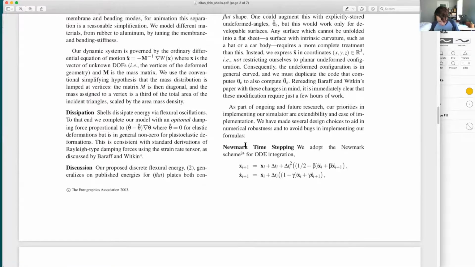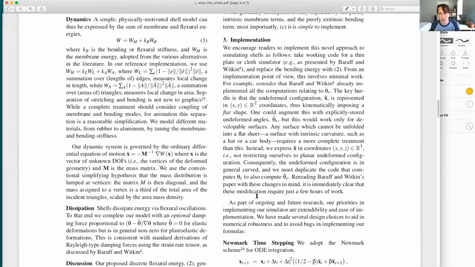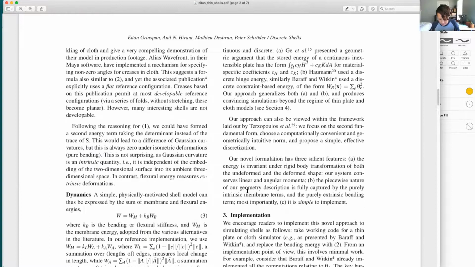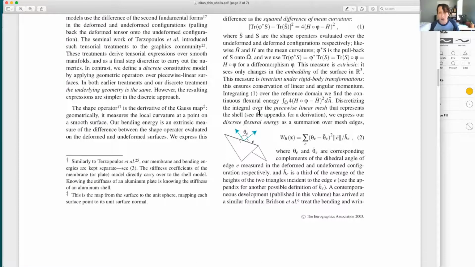Because really what you're doing is you need some time stepping to apply a deformation to a surface. The one that you'll use in your assignment this week is the implicit Euler method. They use Newmark time stepping, which is a slightly different, more stable method, but we have computational power now that we can actually take really small time steps and use less sophisticated numerical integration.